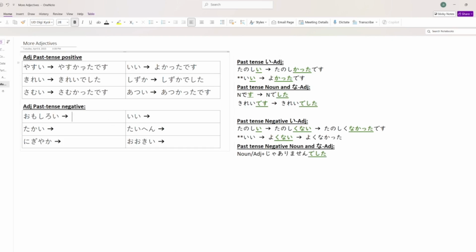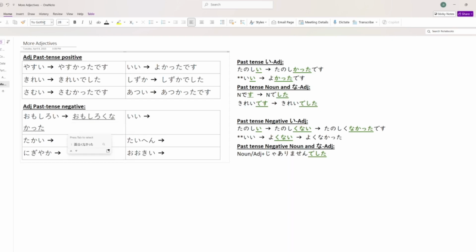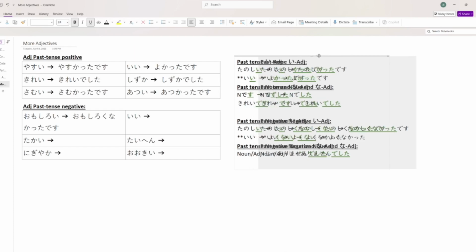Past tense negative E. So we're taking that last E, and we're getting omoshirokunai, and then omoshirokunakatta desu. はい。We were just dealing with spacing stuff.